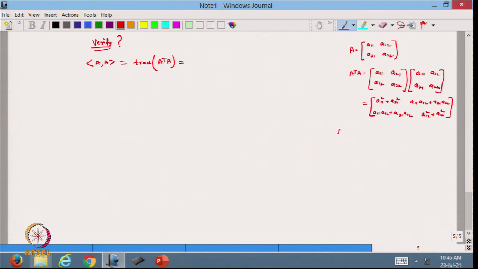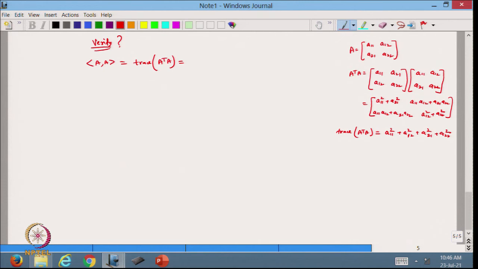And then if I take the trace of A transpose A, then it will be A 1 1 square plus A 1 2 square plus A 2 1 square plus A 2 2 square.